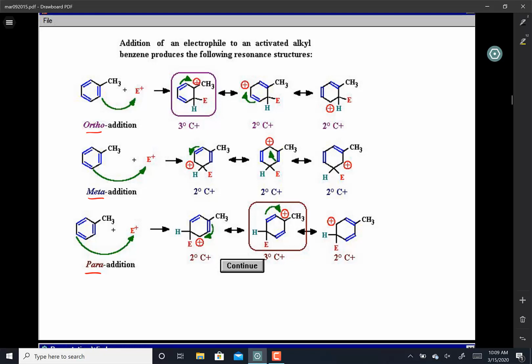In this case, there's no lone pair to donate, but it does form a tertiary carbocation, tertiary allylic, versus all the other ones being secondary. So the favoring of ortho-para with an alkyl group is simply because it's able to form a more stable intermediate when the plus charge ends up next to the group. Okay.